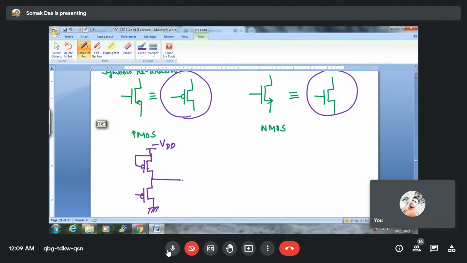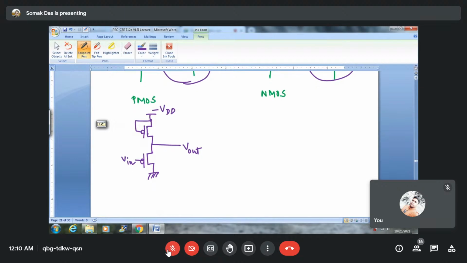In between, we take the output. Here we provide the ground. This is the PMOS NOT gate.